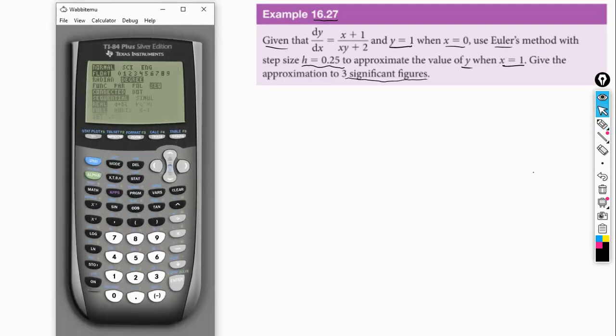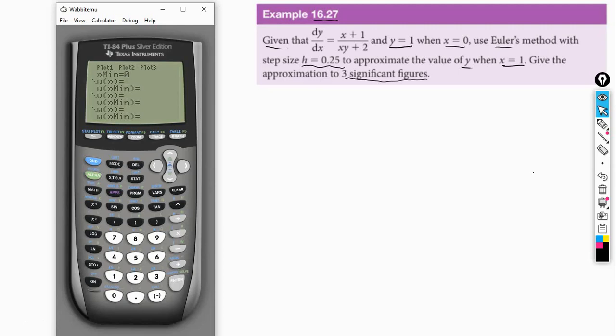So again, in mode, make sure that instead of functions, you have it set up for sequences. Then click on y equals, and normally for these cases, the n minimum is going to be 0. So u of n is going to be u of n minus 1.